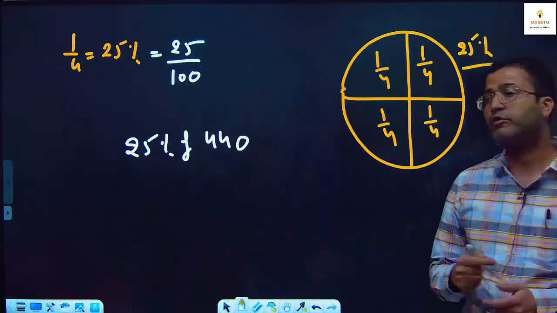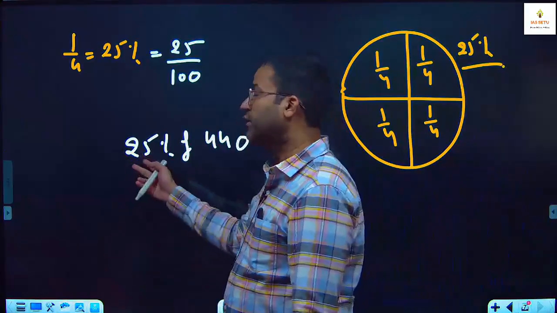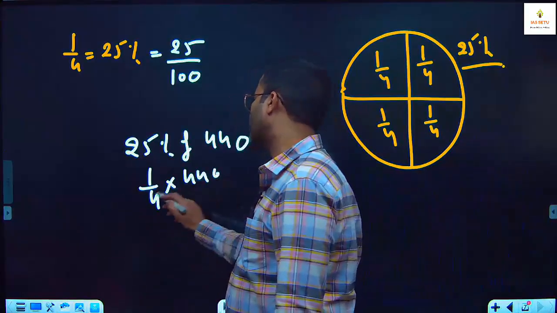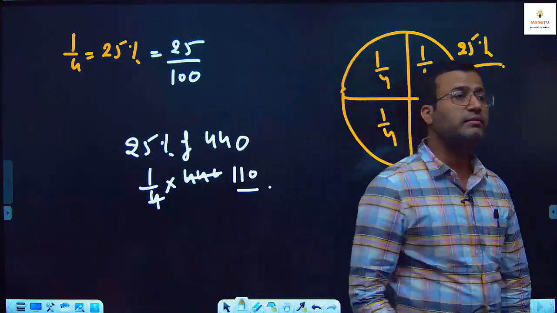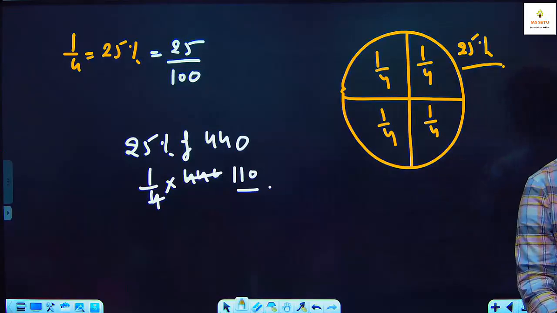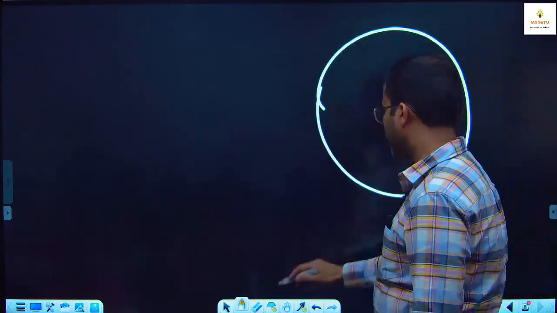So if you have to do calculation fast for percentage, here you should know this is 1/4 into 440, so it is 110. So sometimes converting percentage into fraction makes our calculation easy. That is the purpose. One more. Next is we make 5 equal parts of this cake.